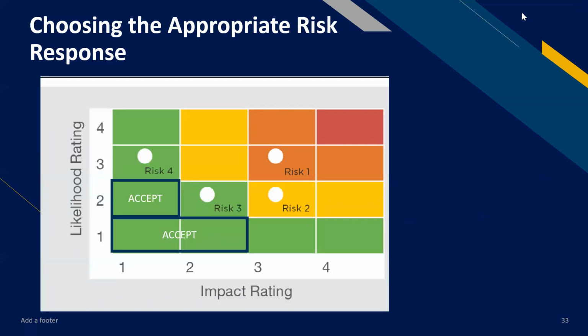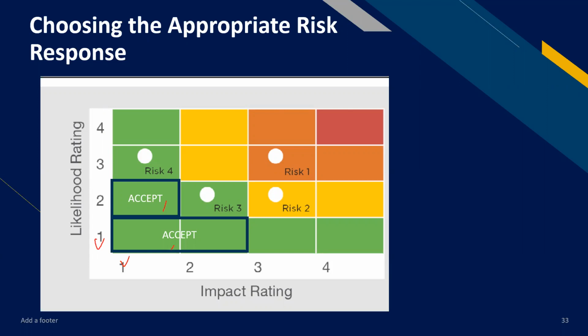So here is the heat map once again, and let's try to plot the different generic risk responses to different types of risks. So here, in terms of the actions, if a risk has a low impact and low likelihood, the suggested or the appropriate response is to simply accept the risk.